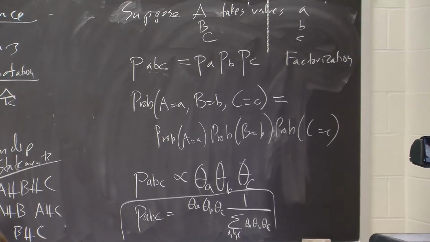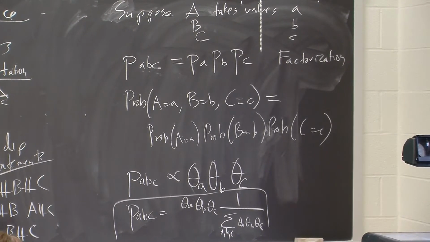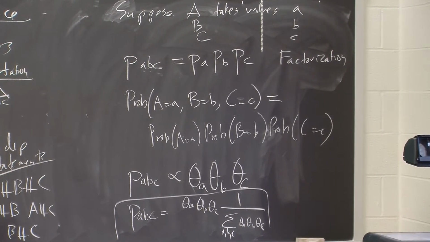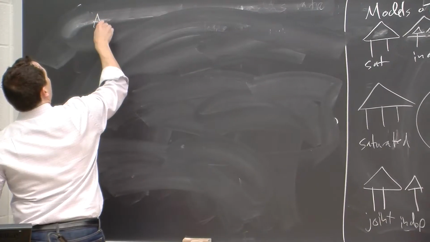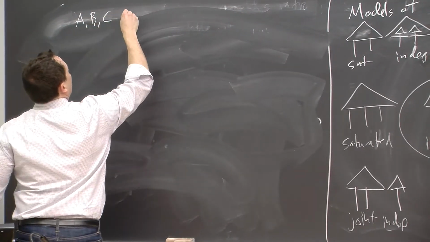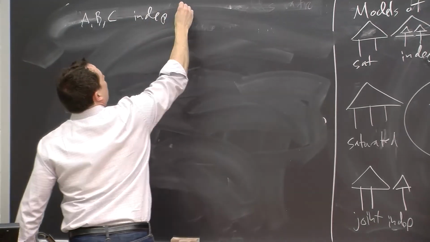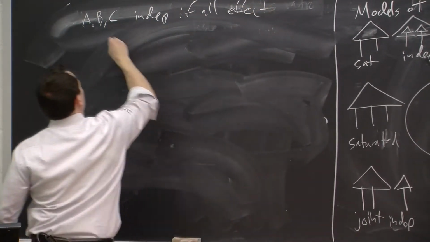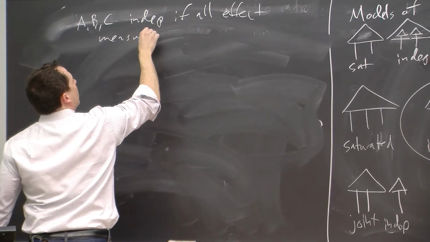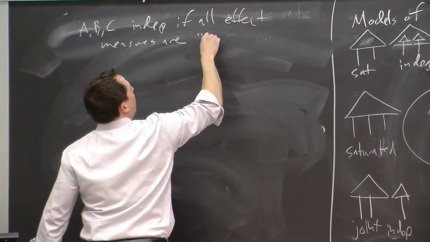And the last description that I would give you of independence is one that's in terms of effect size. So an independent structure on variables A, B, and C is one where they're independent if all effect measures are no effect.